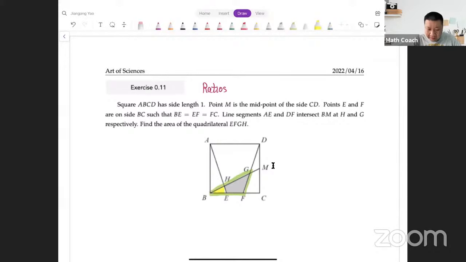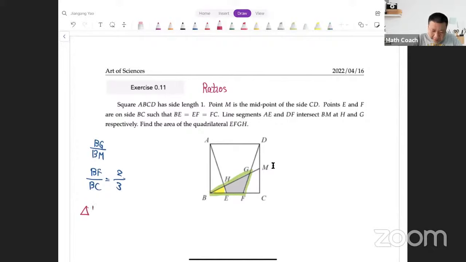And in order to get that, we need to get a few ratios. The first ratio we need is BG over BM. What is that portion? And then what is BF over BC? That's simple, that is just 2 over 3. So how to get BG over GM? I hope you do remember Menelaus' theorem. I'm not going to draw it because the picture becomes a little bit messy.